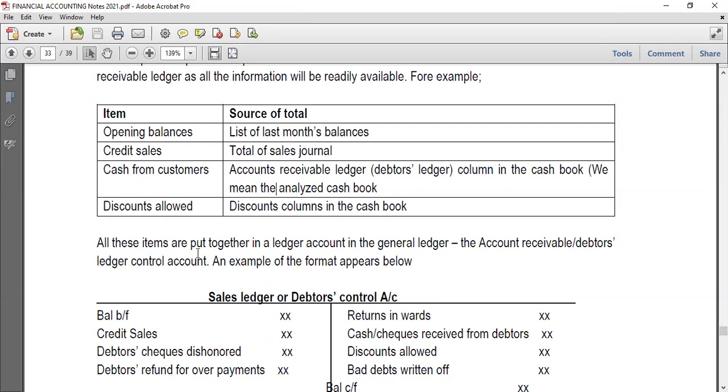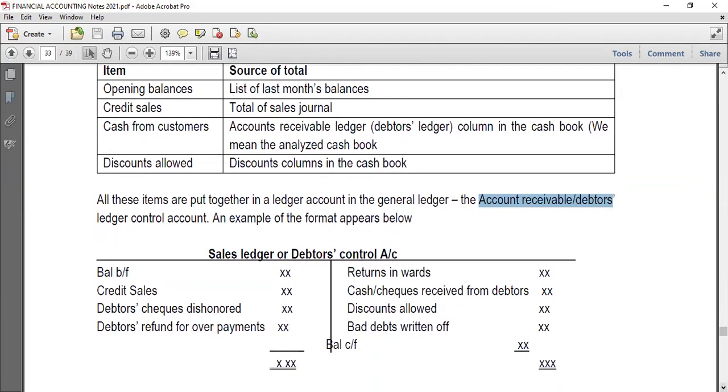So we have a format here for our accounts receivable, debtors control account, and I want you to pay good attention to this, because this is the gist of the debtors control account.